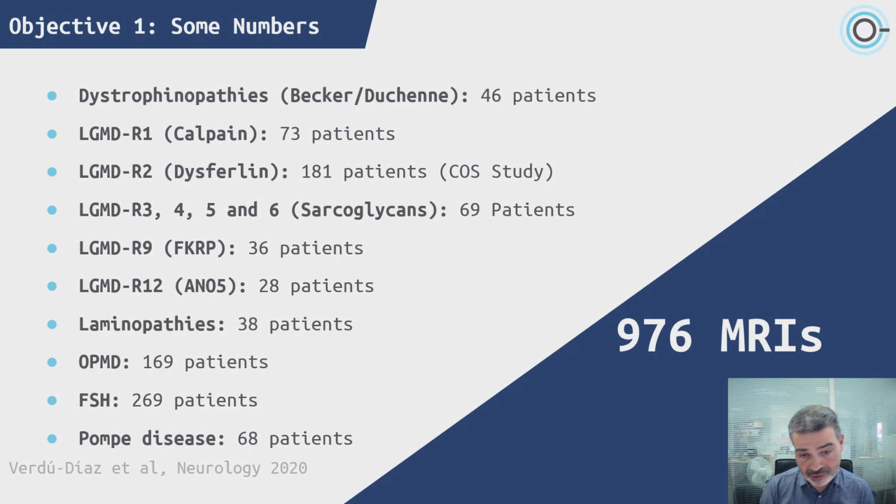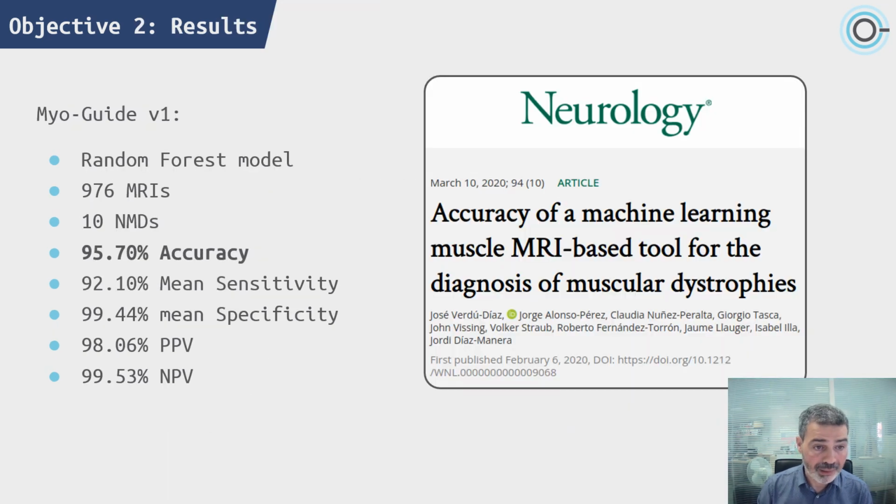We developed a software that was analyzing all the patterns, all the muscles that were affected in these diseases and the ones that were spared, and that was able to predict the diagnosis based on the MRI data of these 10 neuromuscular diseases with a very high accuracy, as you can see here on the screen, higher than 95%, high sensitivity and high specificity. This first software was called MYO-Guide and was published in the journal Neurology in 2020.